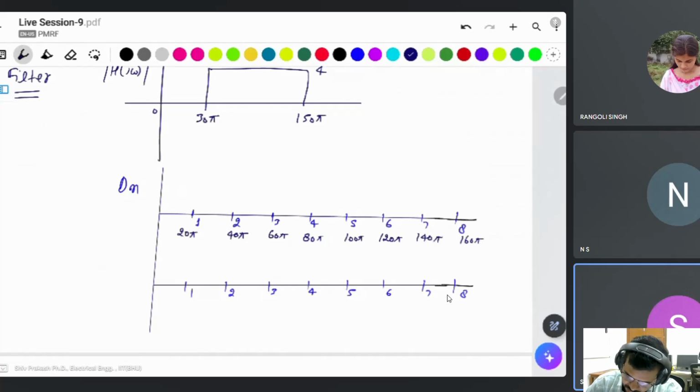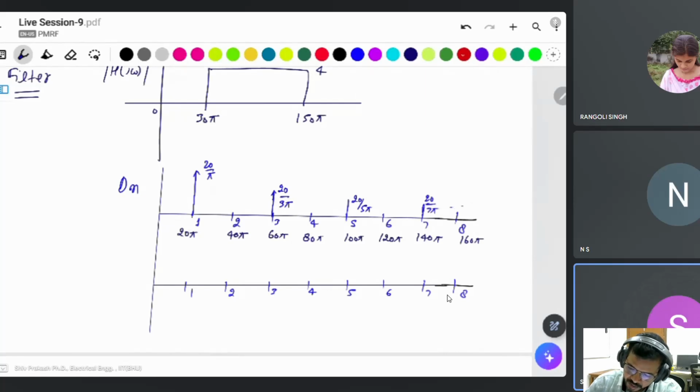The magnitude of this one, that one is 20 by pi, the third one is 20 by 3 pi, the fifth one is 20 by 5 pi, the seventh is 20 by 7 pi, and so on to the ninth also.